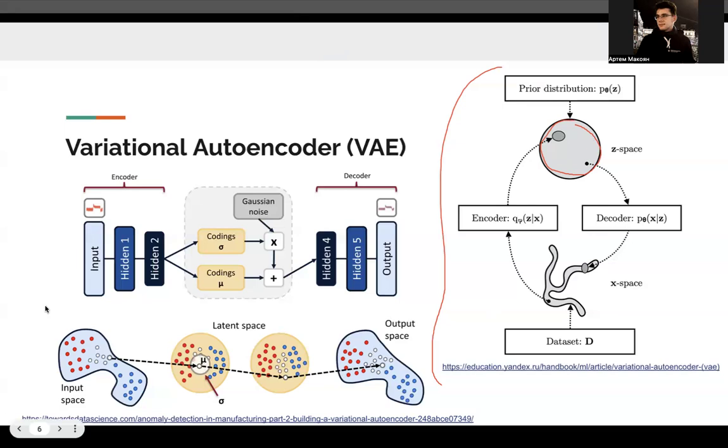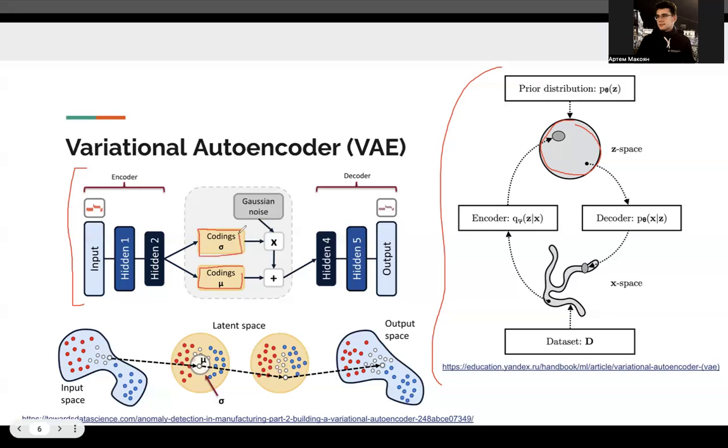So the architecture is a pipeline. We have the input true element, then we encode it into an element from this distribution. We obtain the mean of this distribution and the sigma of this distribution.